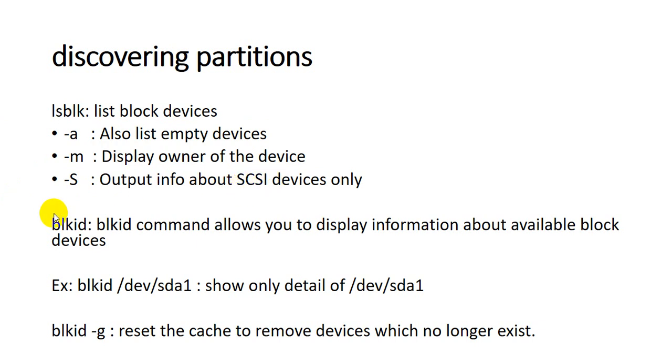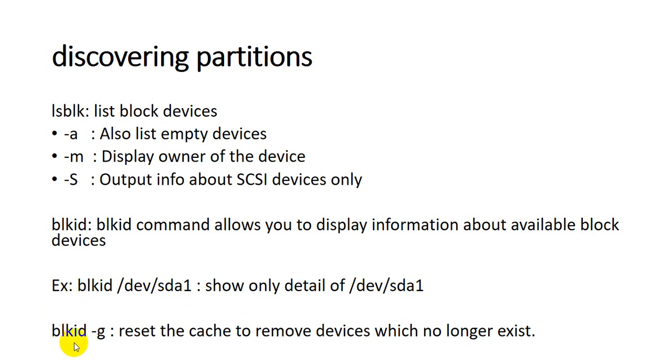The second command to discover partitions is blkid. blkid displays the UUID of the device and its partition type. For example, suppose I type the command blkid /dev/sda1, it will show you the information of only the sda1 drive, that is the UUID and the partition type.